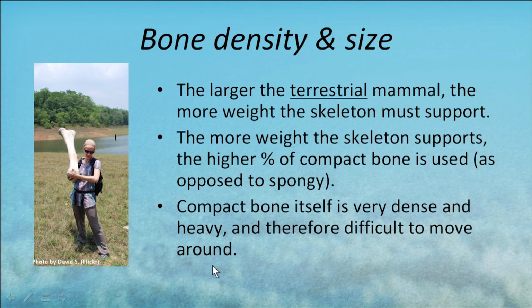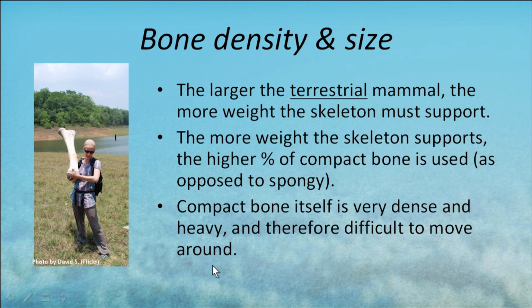So just to recap, let's take a look at some of the rules. The larger the terrestrial mammal, then we assume the more weight that their skeletal system must support. The more weight their skeletal system has to support, the higher percentage of compact bone is used, as opposed to spongy bone. But this in and of itself actually lends itself to a problem because compact bone is very, very dense and therefore very heavy.